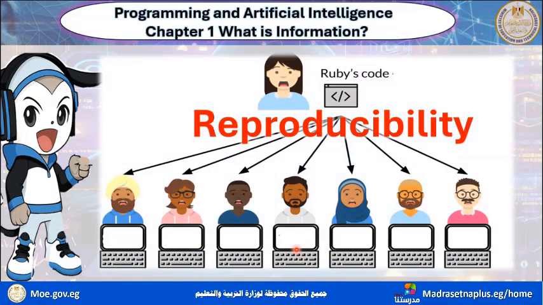So, reproducibility, if you have a code or you have something, you can spread it to all your friends. You can copy and paste it to all of them. And maybe with one click, paste it to 20 or 50. Okay, so this we call reproducibility.